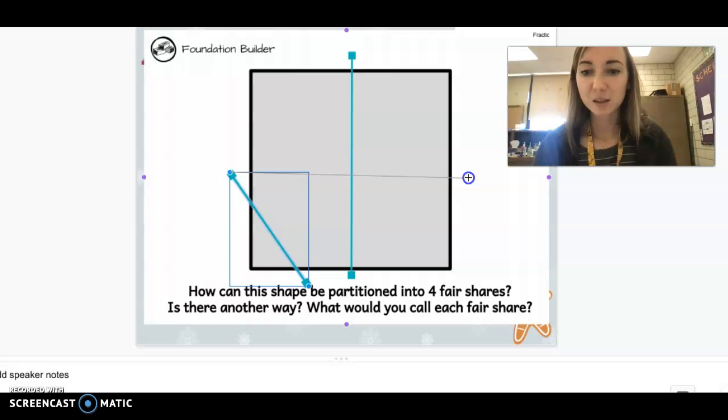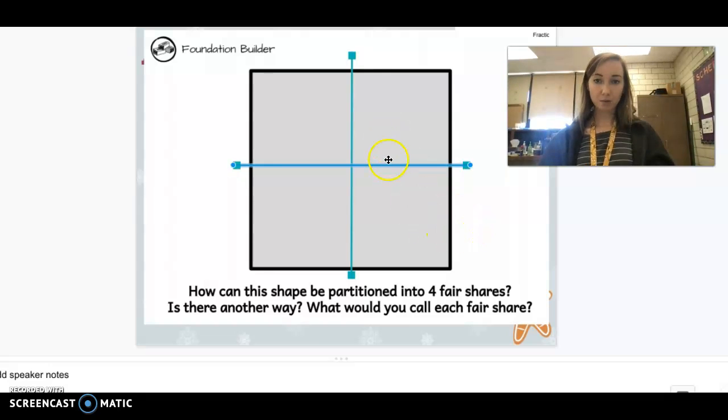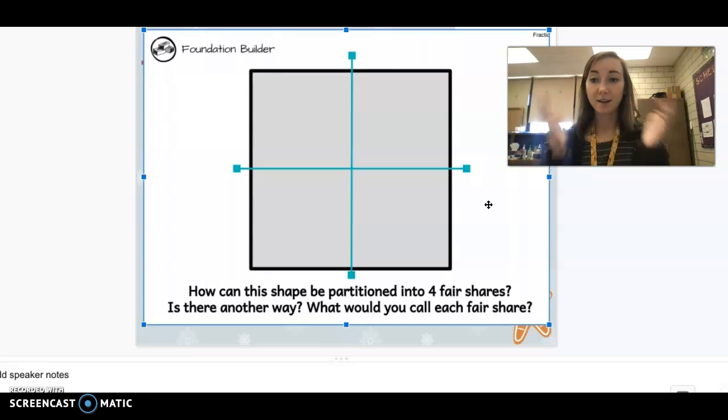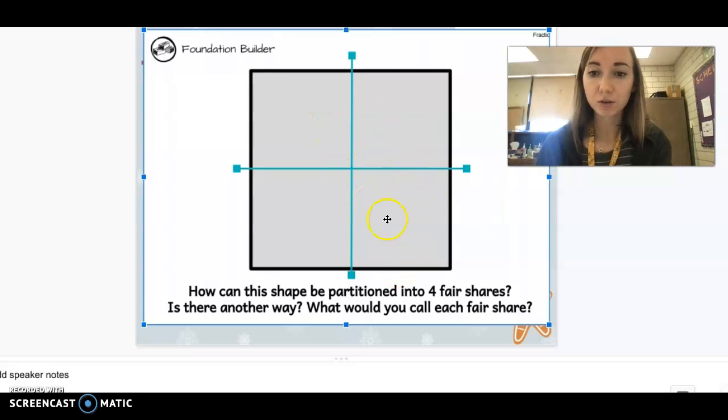I'm going to do this one here. It's a little bit easier to draw using a pencil, and then a ruler makes it a lot simpler. There we go. All right, let's look. What do y'all see? I see 1, 2, 3, 4 parts, 4 shares, and are they equal?